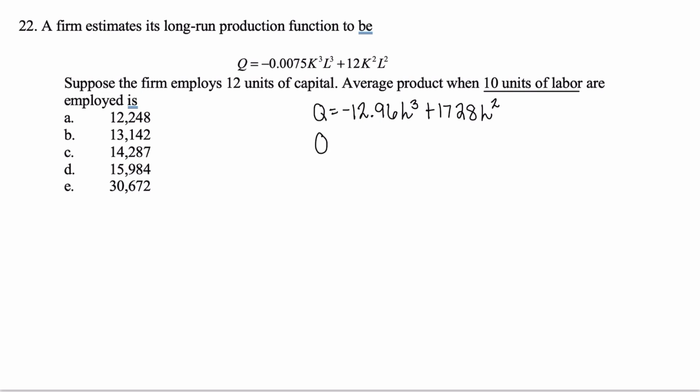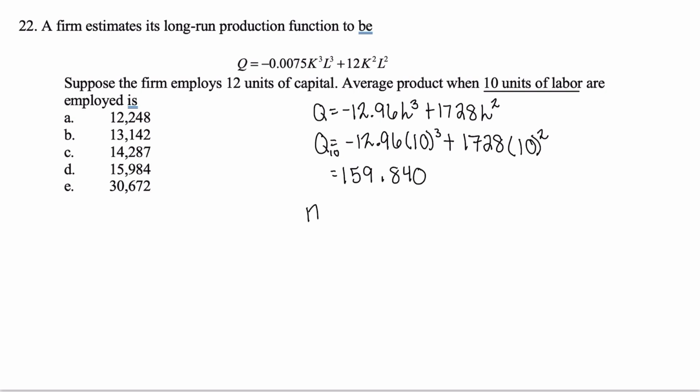So we're going to have Q equals, at 10, negative 12.96 times 10 to the third plus 1728 times 10 squared, which is going to give us 159,840.